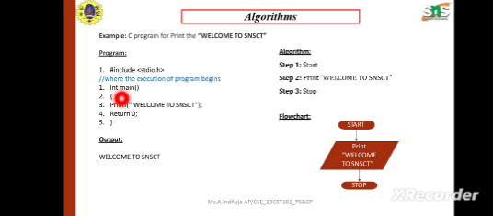Next, after including the library file, we go for the main function. In main, with open bracket and close bracket, inside that main function we print the statement and return 0. Return 0 means our program has executed successfully without any error.